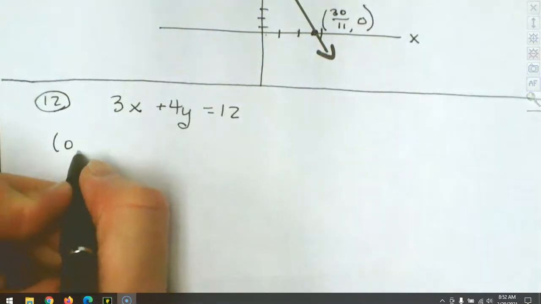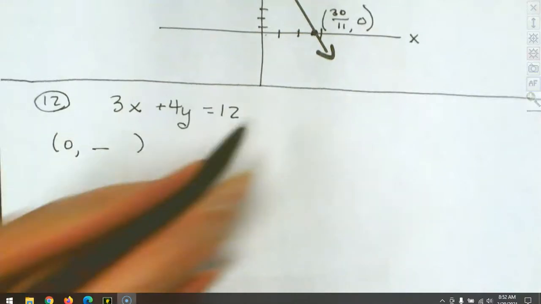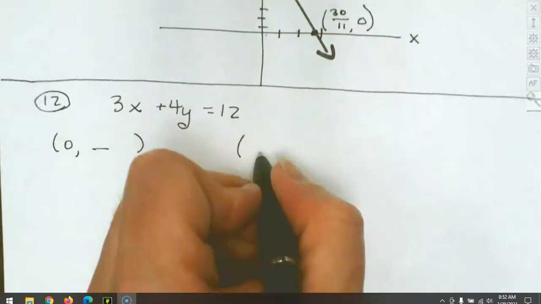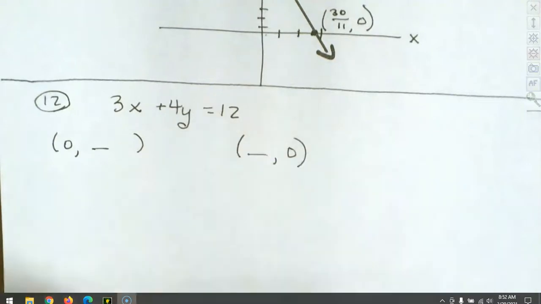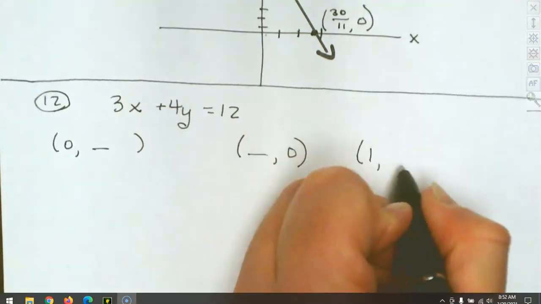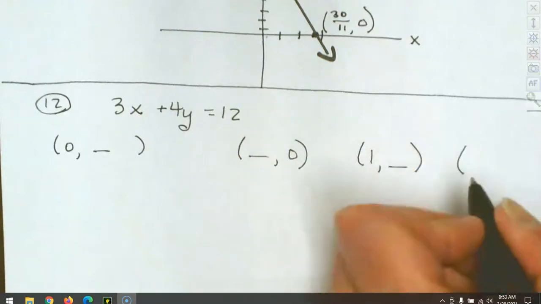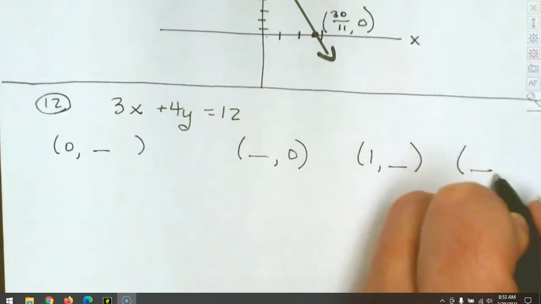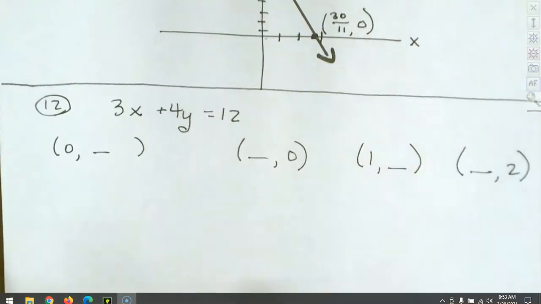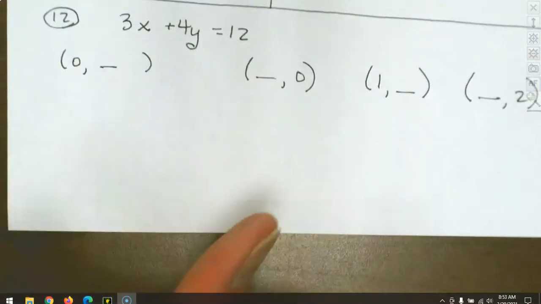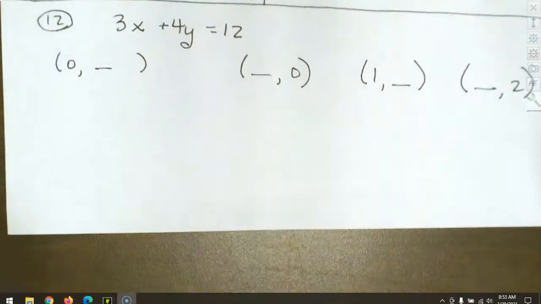So we've got 0, comma, blank. We've got blank, comma, 0. We've got 1, comma, blank, and then we've got blank, comma, 2. So we're going to do each one of these. This one's actually a little bit easier because there's no fractions.